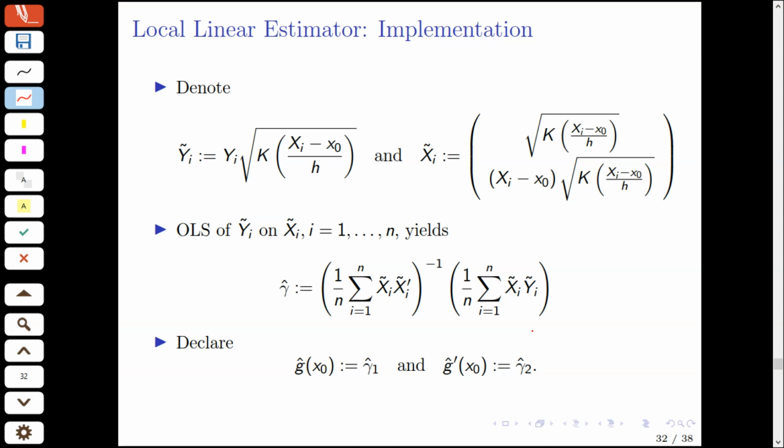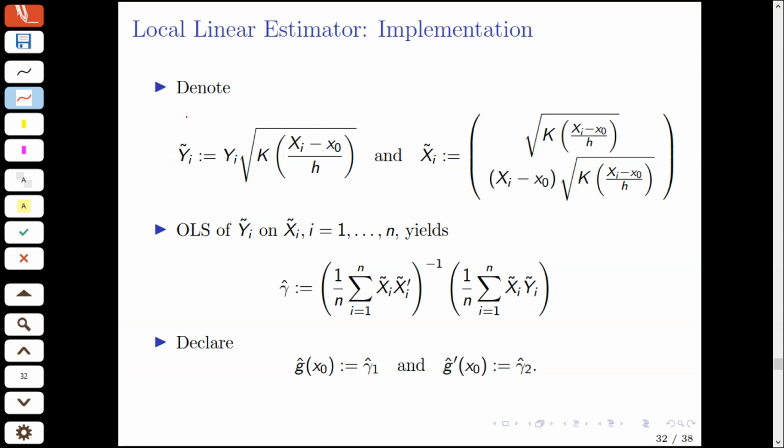So what one could do here is to take our original outcomes after having calculated the kernel contributions. We'd multiply the original outcomes by the square root of these kernel contributions, and think of this as an artificial outcome, say y tilde.